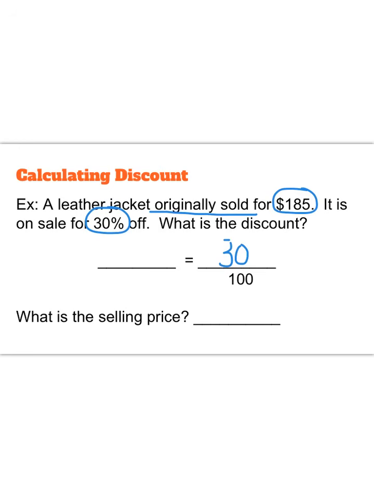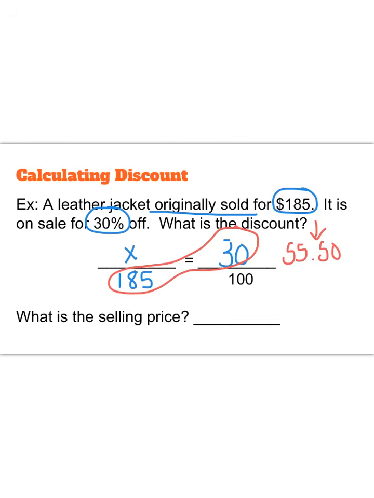And the original price is my denominator, and I don't know the discount. So go ahead and pick up your calculator and take 185 times 30 divided by 100. And it looks like we're going to save $55.50. All right, so that's our discount.